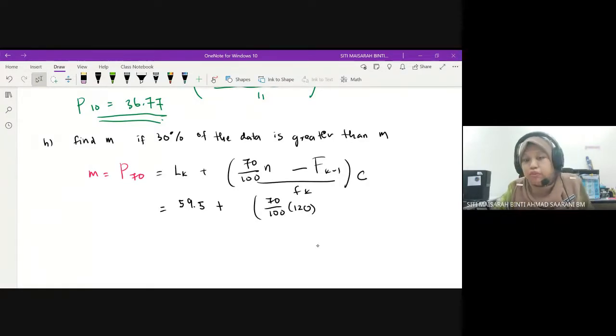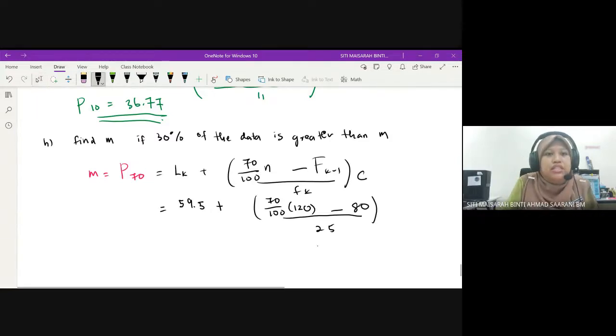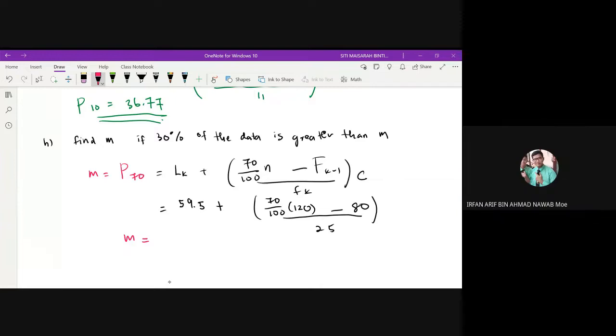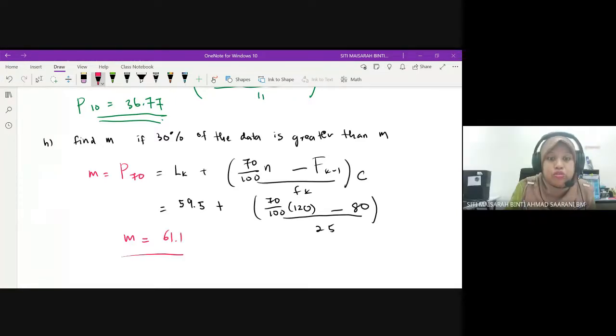We get 84 minus cumulative before is 80 over 25. So then your P70 is actually M. So what is the value for M? 61.1. So this is M.